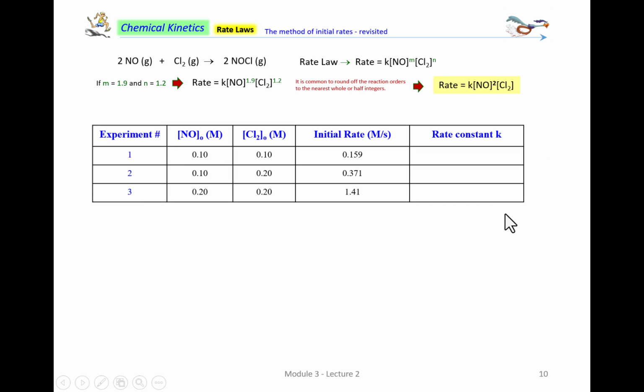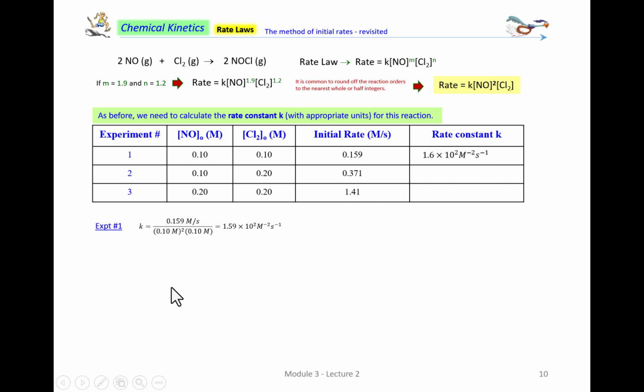Now let's solve for the rate constant for each one of these experiments. So I've added the rate constant column here, and we need, of course, to get the appropriate units for k. We can do that for experiment 1 by just solving this rate law for k.